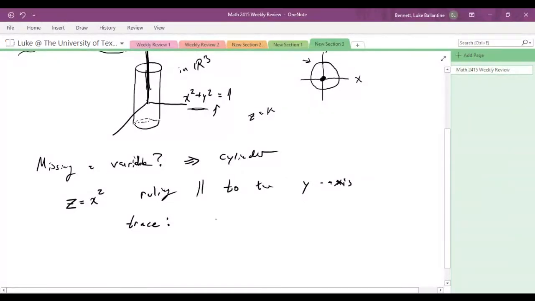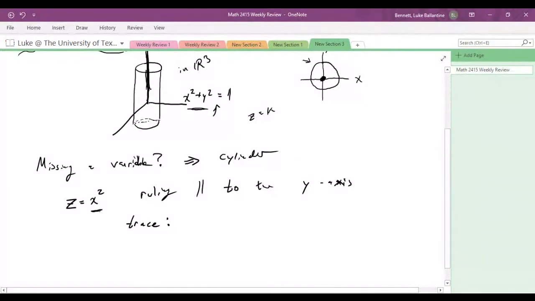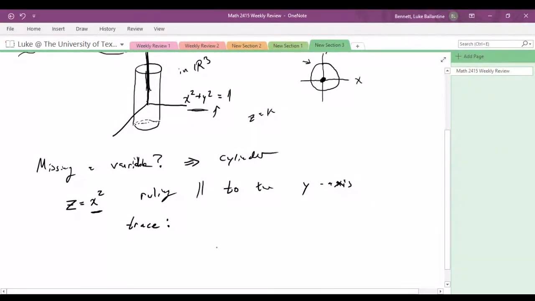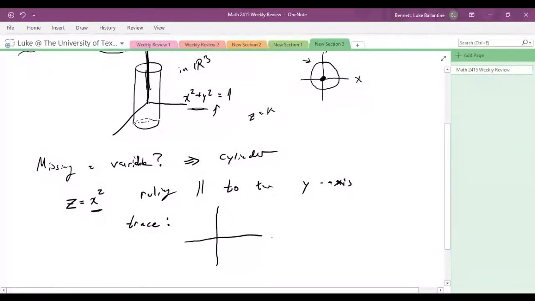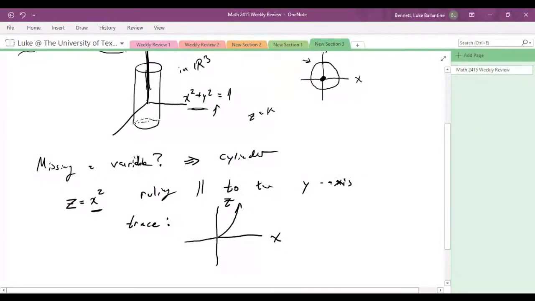Now the trace, right, I have x as the independent variable and z as the dependent variable. And we just have a regular parabola, the parent function parabola.